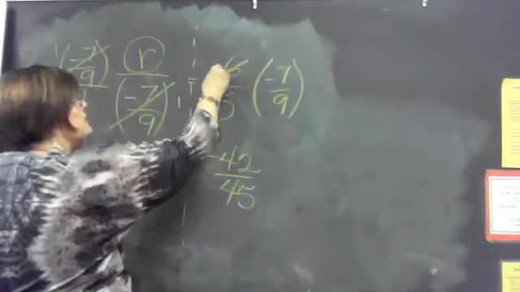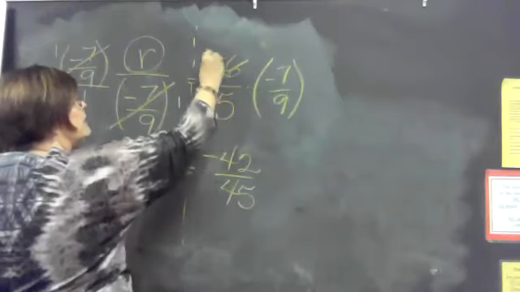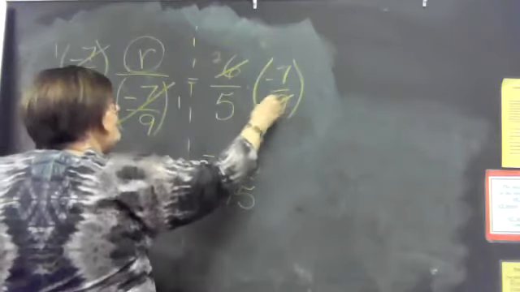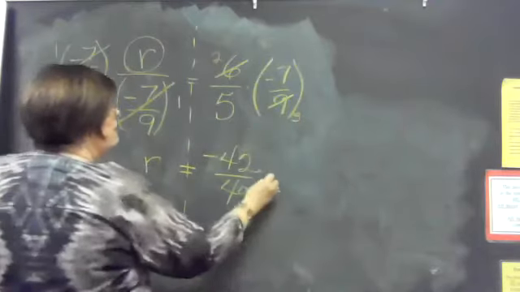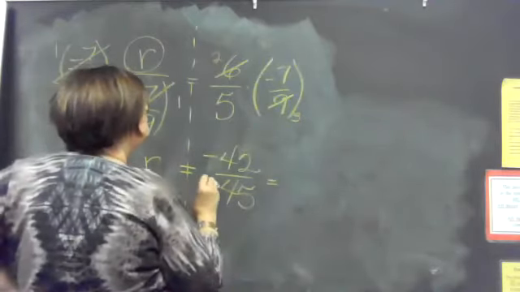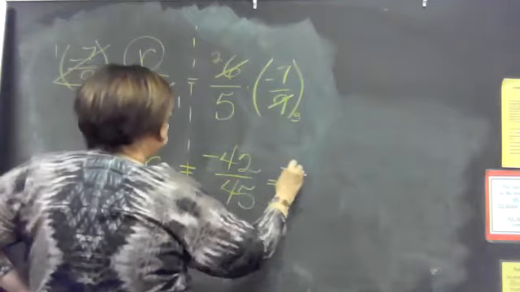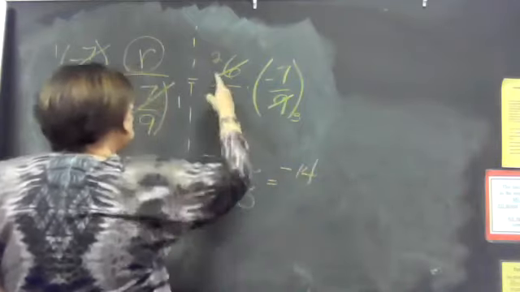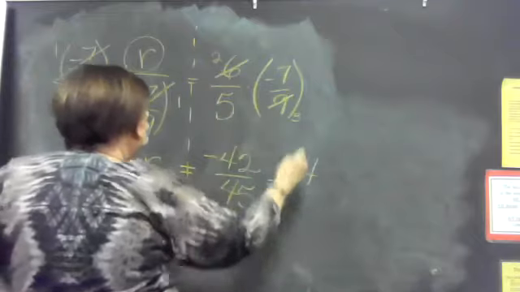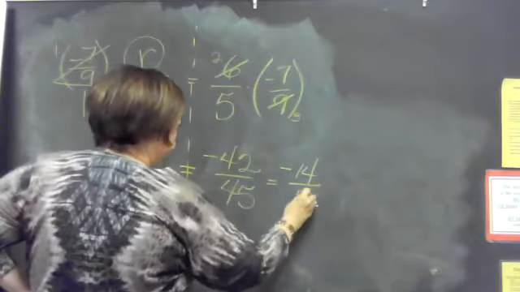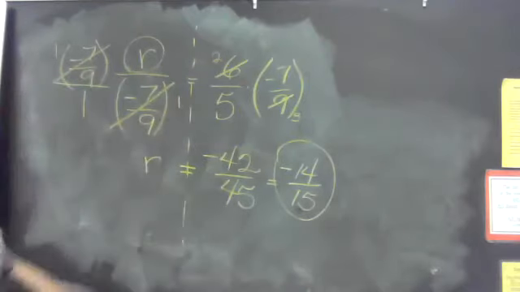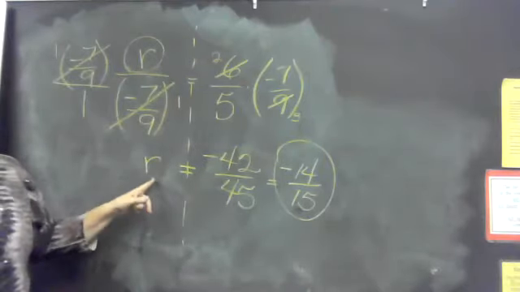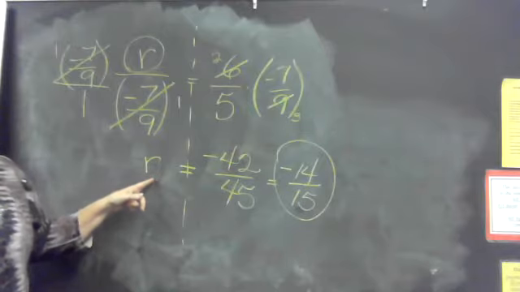So if I use cross canceling and divide that by 3, I'll get a 2, and divide that by 3, I'll get a 3. So now I have a negative 14. I'll multiply these 2 together over 15. And that would be the answer to R. Okay?